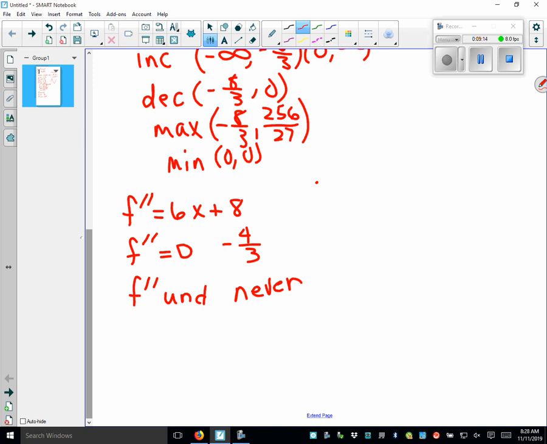When is it concave up? Don't I look from negative infinity to negative 4/3 and negative 4/3 to infinity? Do you know where I got those intervals? The x value where the second derivative was equal to 0.